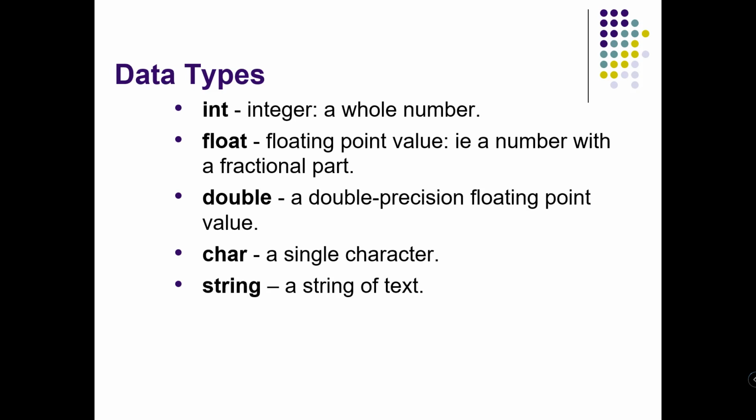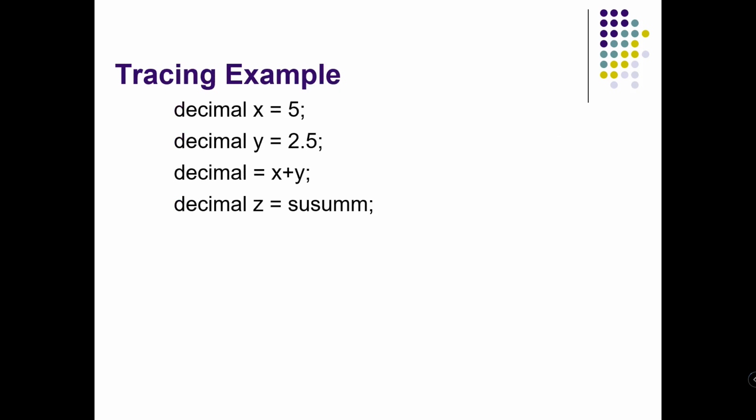So ints cannot contain a double value, however a double value can contain the int value. That's why in the slide before, I said if you deal with decimal or double, this is a bigger container. An int is a small container. Now you add 5 to 2.5, and it has to store 7.5 somewhere.